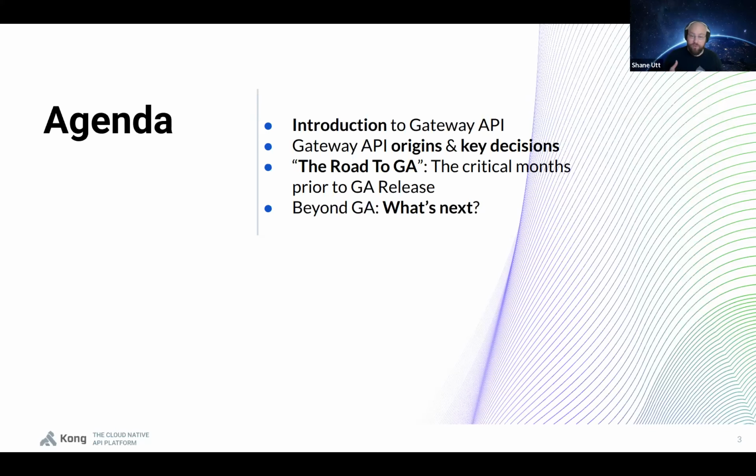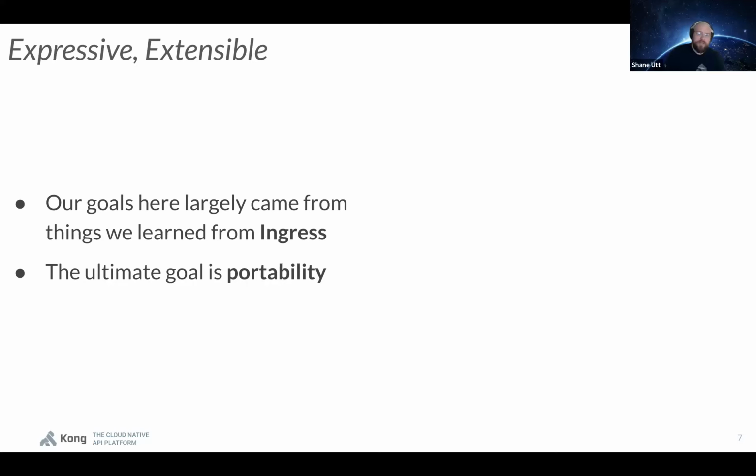Expressive and extensible. Basically, our goal with expressiveness and extensibility came from what we learned doing ingress over several years. That is the ingress API within Kubernetes, which you hopefully are familiar with. If you're not, you can find that on the website, but it's been the longest running ingress API solution. So basically in the ingress days, we learned that there was a portability problem.